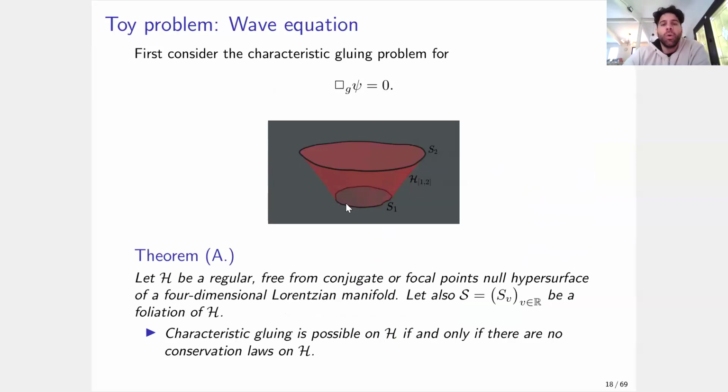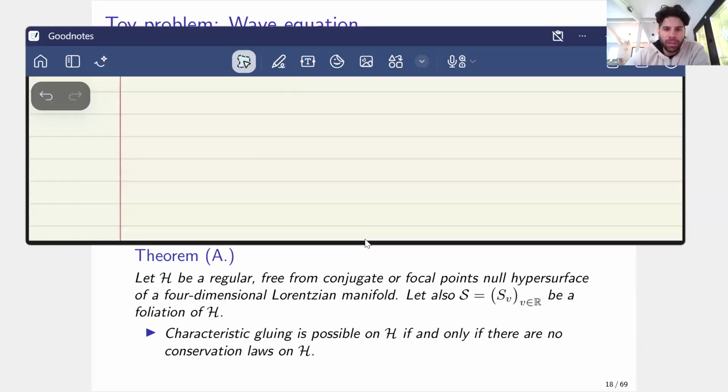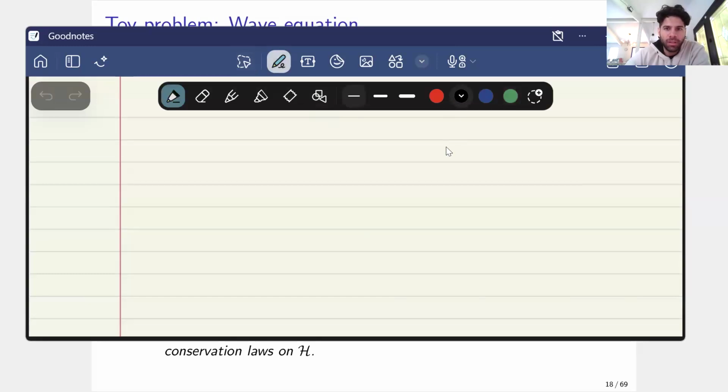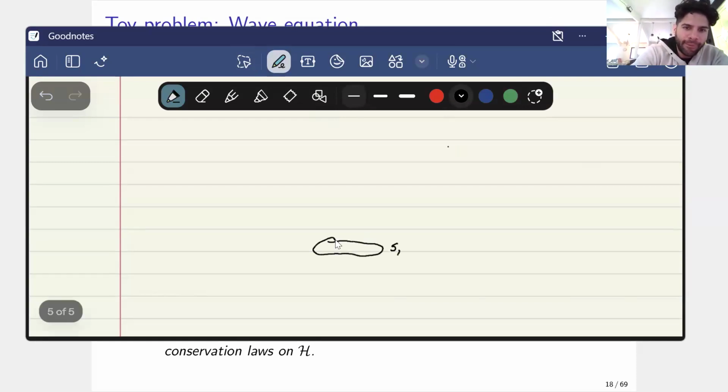Now, what can we assume on S1? On S1, we will assume that we know psi and the transversal derivative of psi. Okay, let me spend one minute here. So this is S1. This is S2.